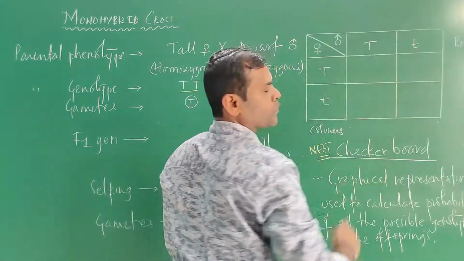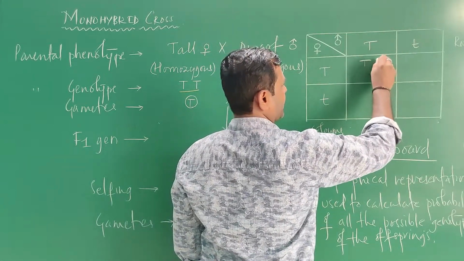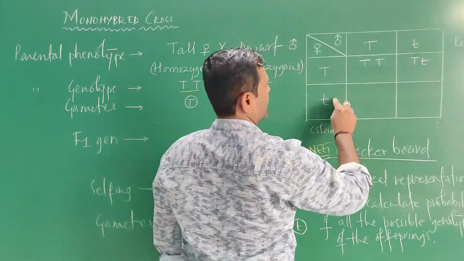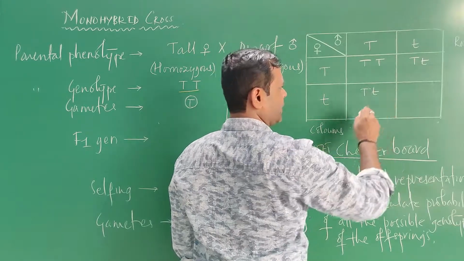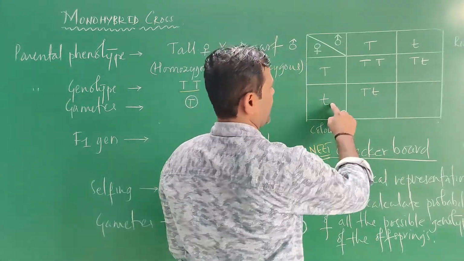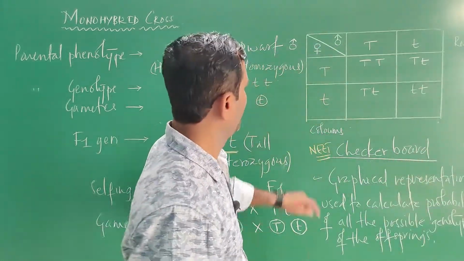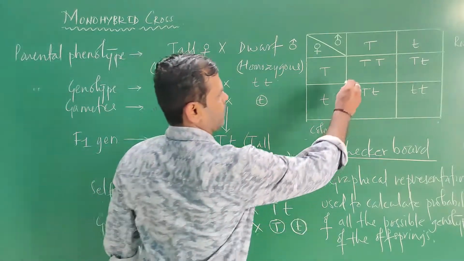Now I'll fuse them, I'll cross them. So capital T, capital T, capital T, small t, small t, capital T, but we should write first capital T, small t. Here small t, small t. Now capital T, capital T will be tall.